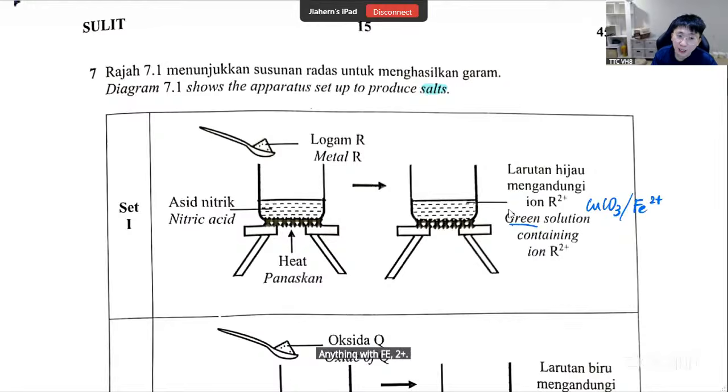So is it CuCO3 or just Fe2+? The idea here is it's a green solution. If you say CuCO3, this is wrong, because CuCO3 is insoluble and cannot be a solution. So the only possible green solution with ion R2+ is Fe2+. So most likely R is Fe.